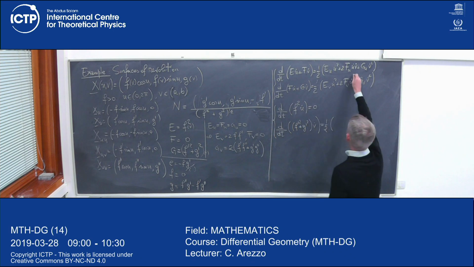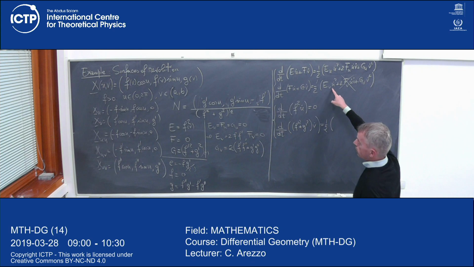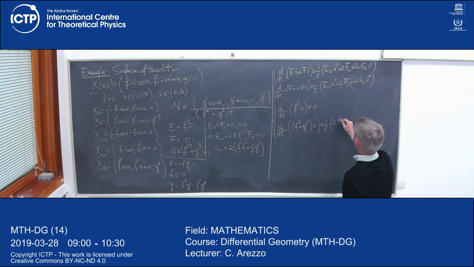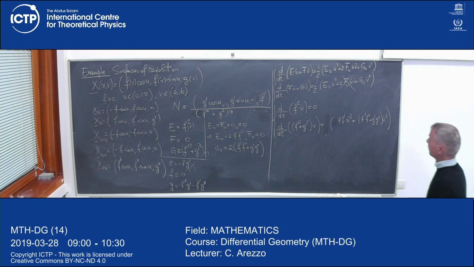E_v is twice f prime u dot squared plus G_v, which is another twice, so I can cancel everything and then cancel the 1/2. G_v is f prime f double prime plus g prime g double prime, times v dot squared. Okay.